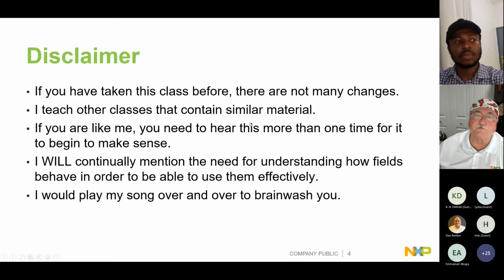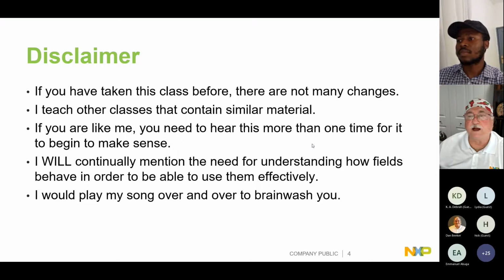My disclaimer is the same in every class. I teach the same things over and over and over again. This is partly driven by the fact that when I was trying to learn this, it was very difficult to accept these simple principles because I'd been brainwashed into believing that electronics was complicated and that I had to do some very difficult things in order to be able to do my designs.